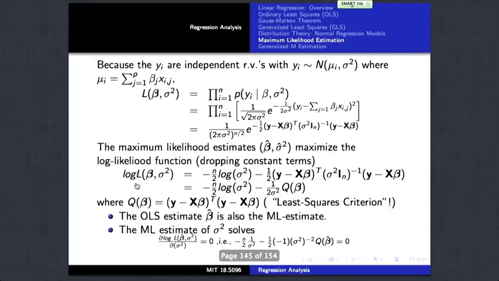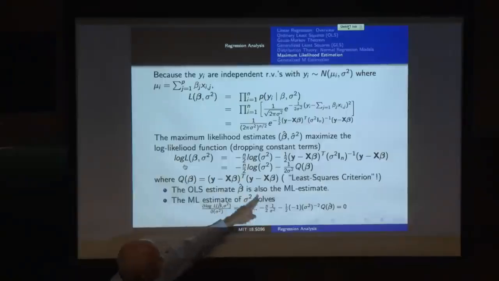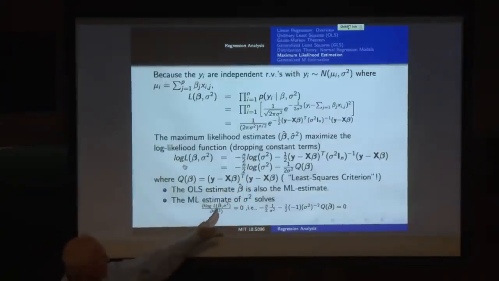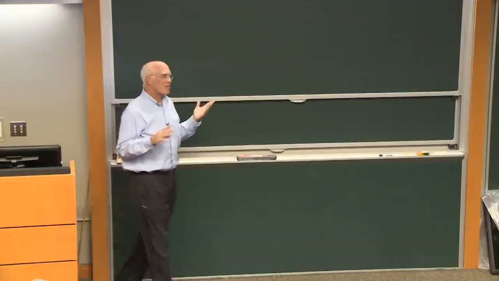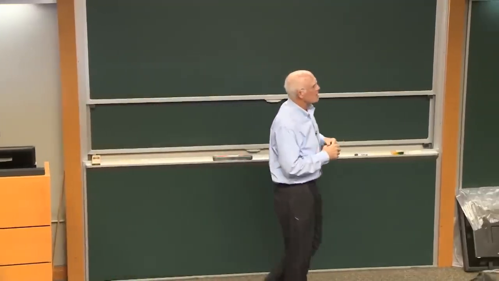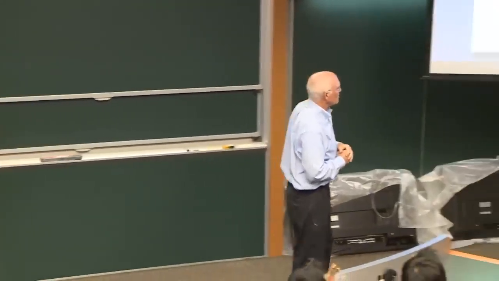Taking that derivative and solving for 0, we basically get this expression. And you'll notice here I'm taking the derivative with respect to sigma squared as a parameter, not sigma. And that gives us that the maximum likelihood estimate of the error variance is Q of beta hat over n.